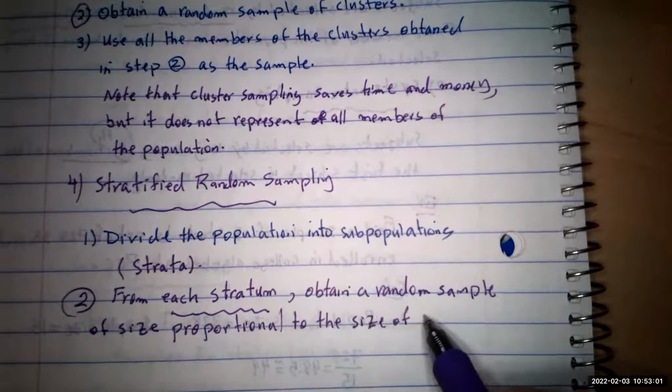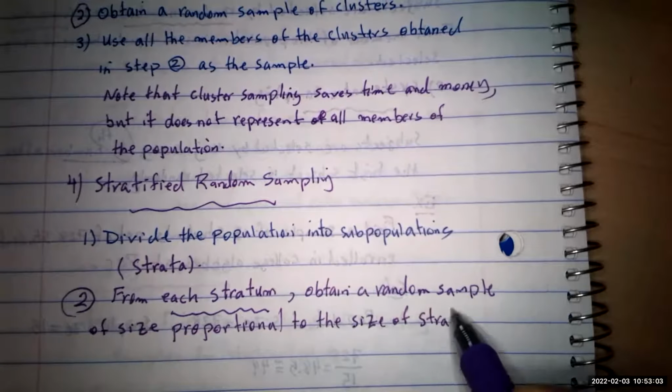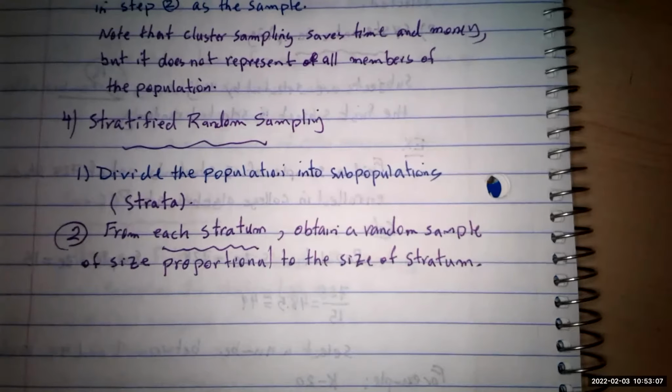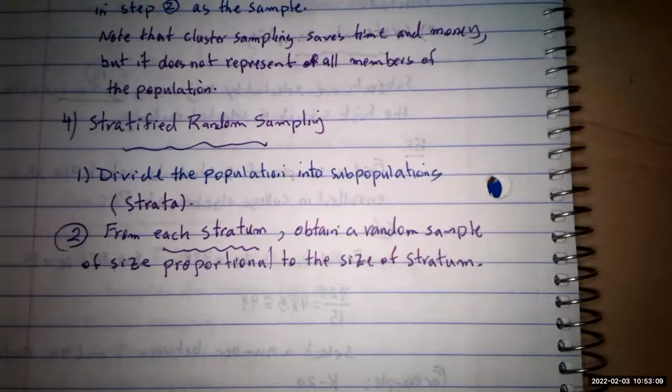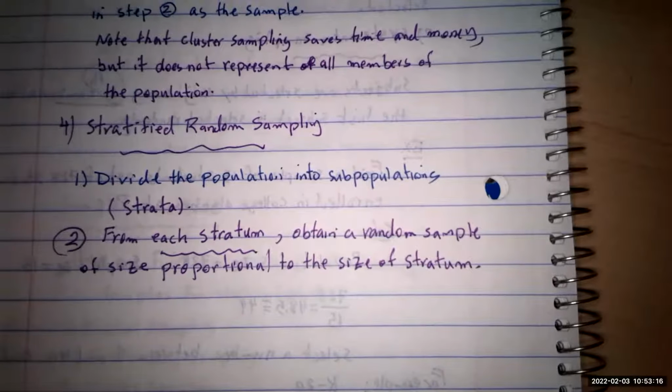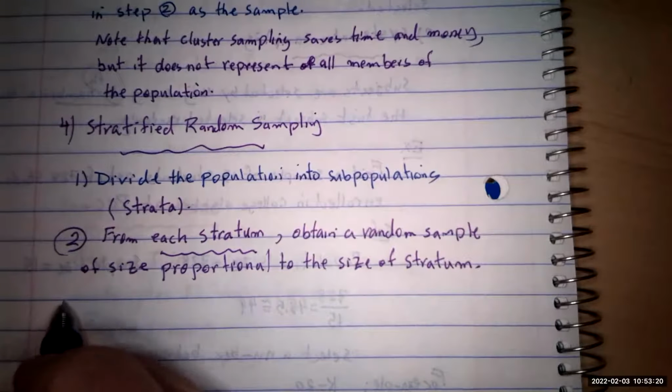In this case, stratum is the expression that they use. If some sub-collections have more people, of course you are going to pick more representatives. It's like an election. Then you have all these representatives, you put them together, and that would be your sample.